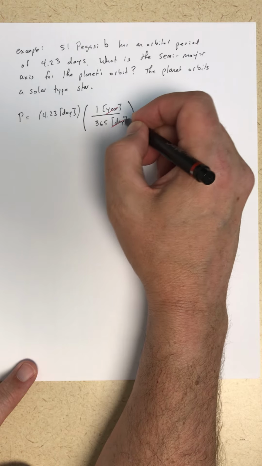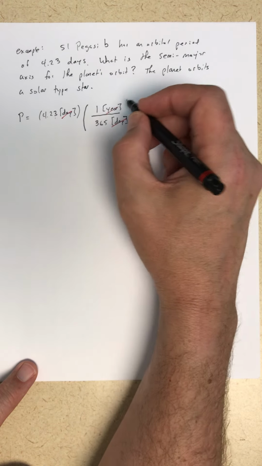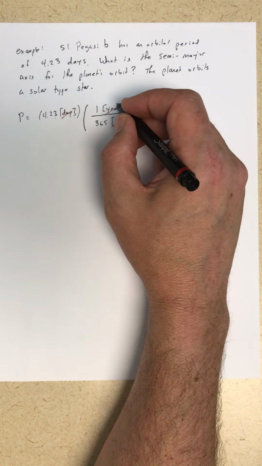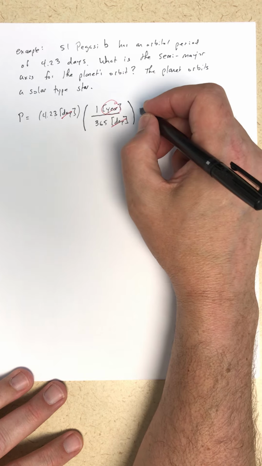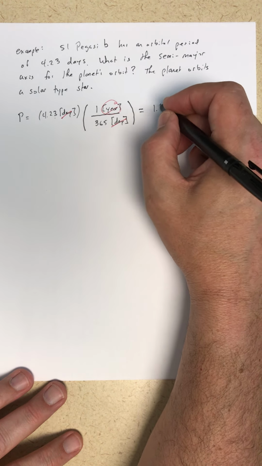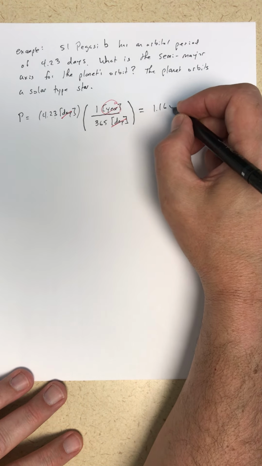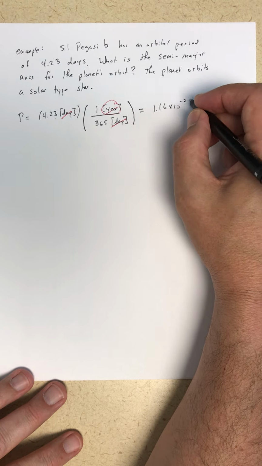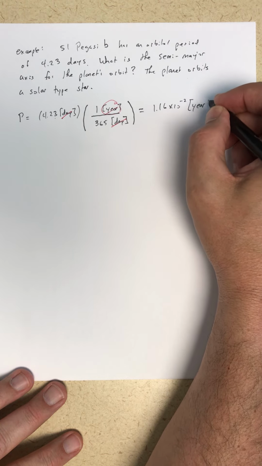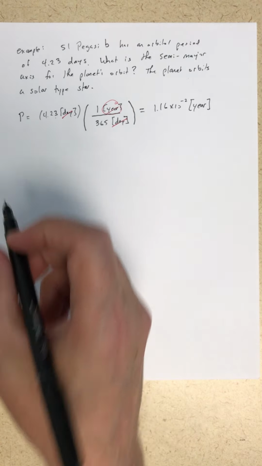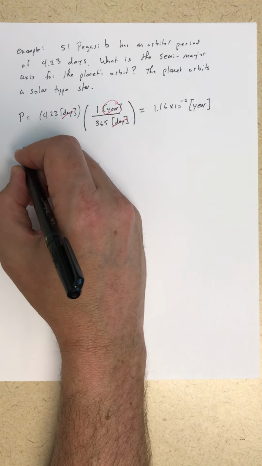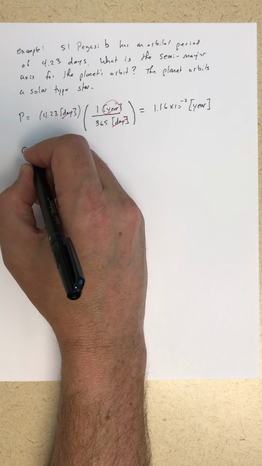So day cancels out with day, and we're left with the year. And that's going to give us 1.16 times 10 to the minus 2 years. So we have a period in years, and we can use the simple form of Kepler's third law.